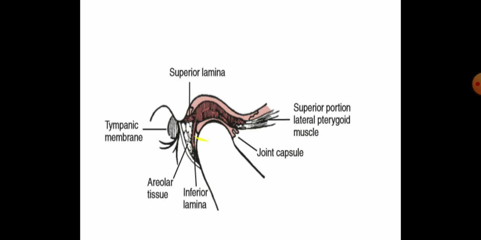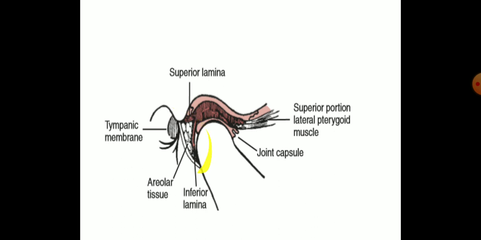This is the interposed disc, and it has an anterior attachment and a posterior attachment. The anterior attachment is to the superior portion of the lateral pterygoid muscle. So this is the lateral pterygoid muscle, and anteriorly the disc is attached to its superior portion.